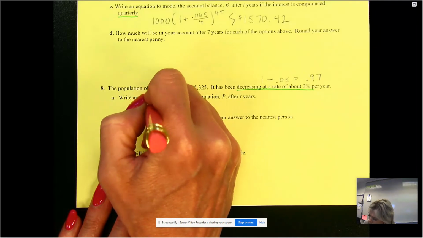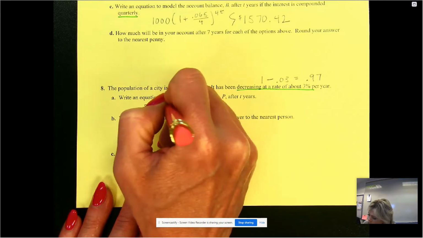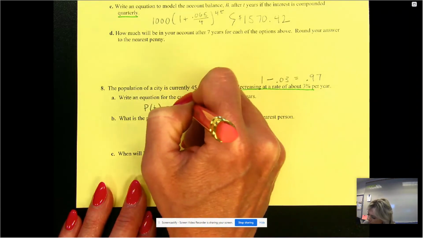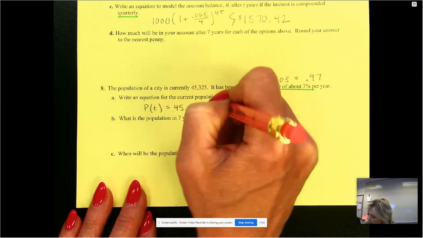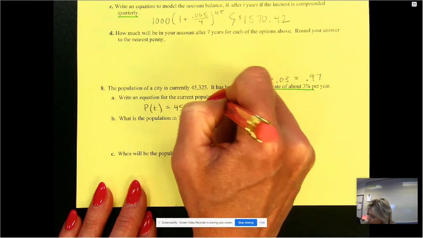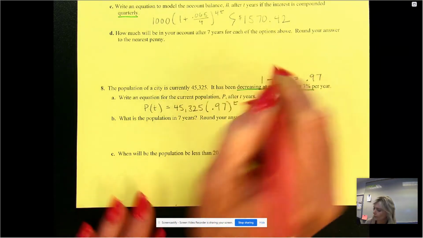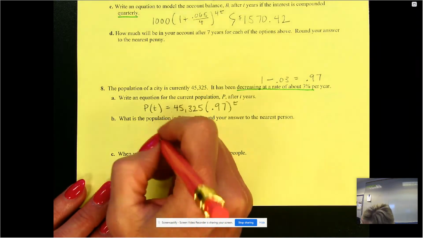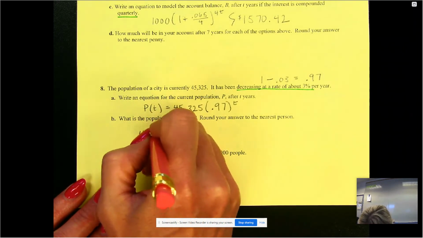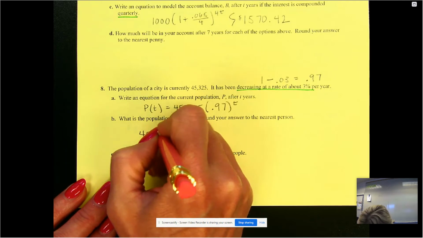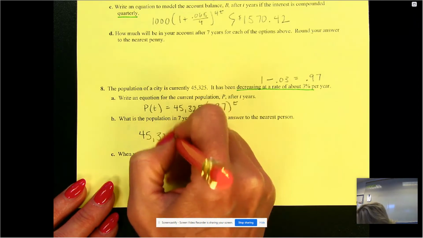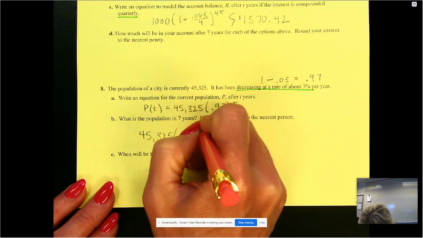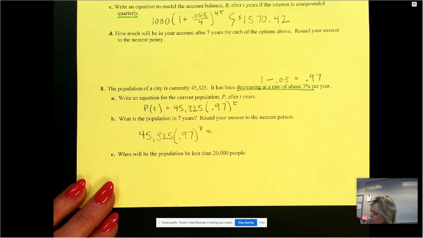Okay, my equation, the population after time t equals the initial amount times 0.97 to the t. Now we evaluate for 7 years. So 45,325 times 0.97 to the 7th.